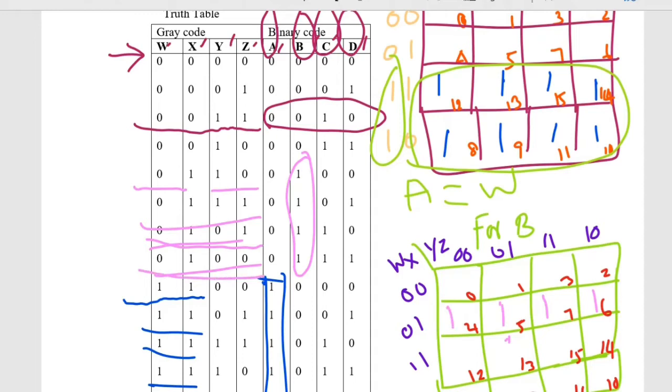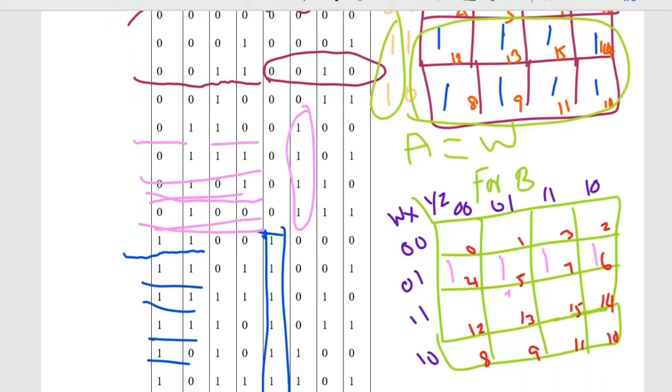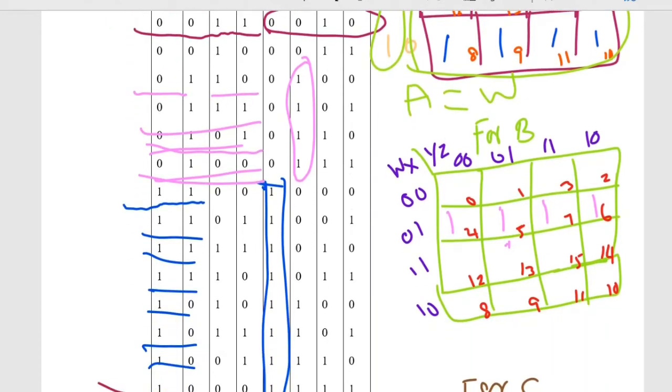Then the next combinations are at the condition 1, 0, 1, 0, then 1, 0, 1, 1, 1, 0, 0, 1, 1, 0, 0, 0. So draw the output K-map for B.